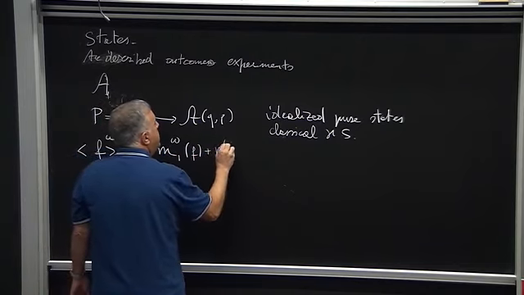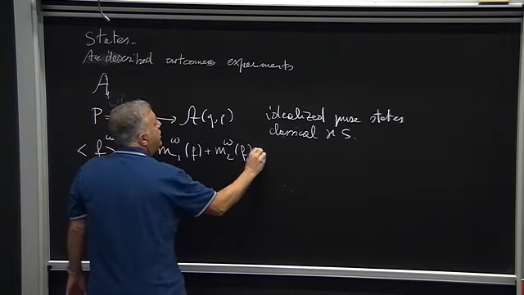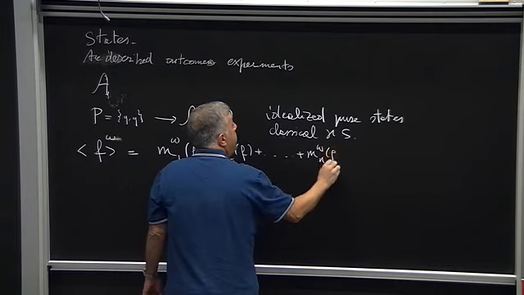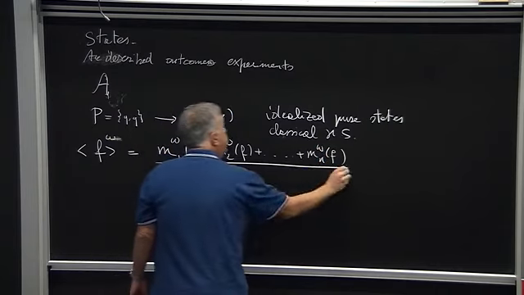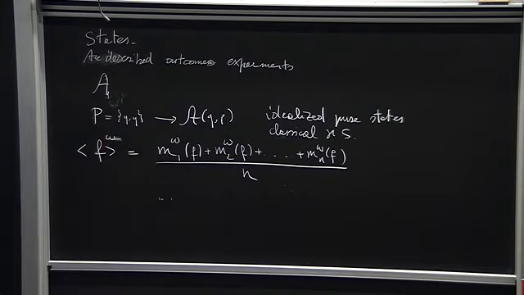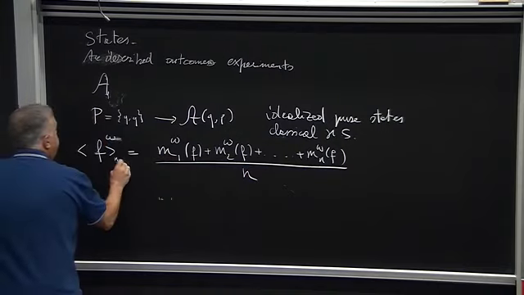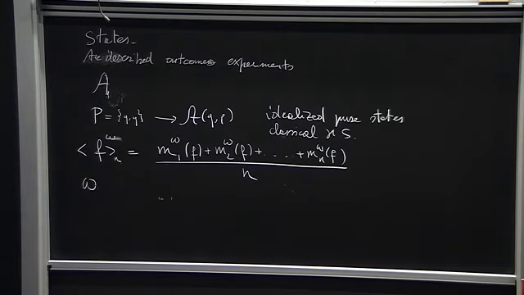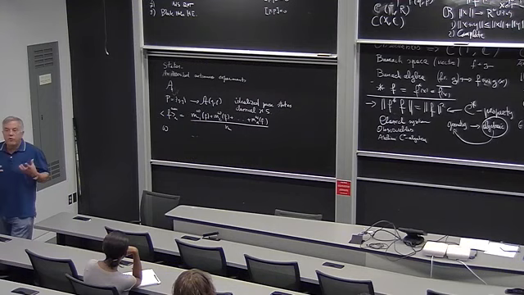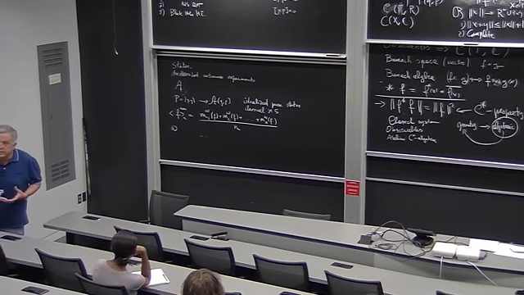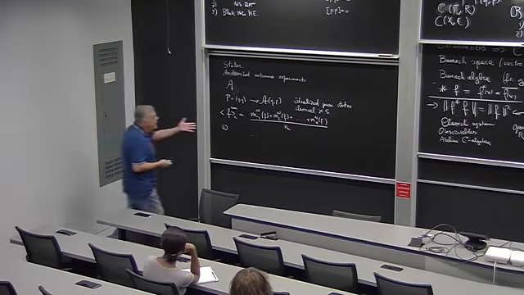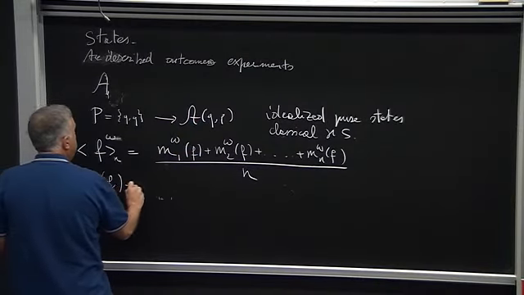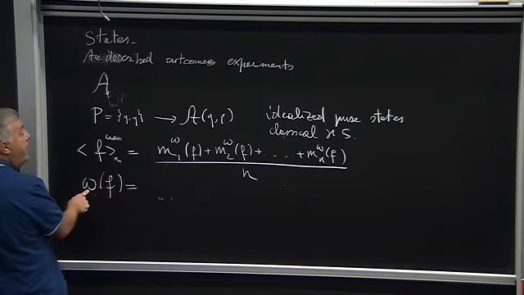You make many measures, or you make replicas of your system, and then compute the average of this. And the limit is supposed to exist. This is the foundational basis of experimental physics. You think that this limit exists, and this defines for you what is the state omega.